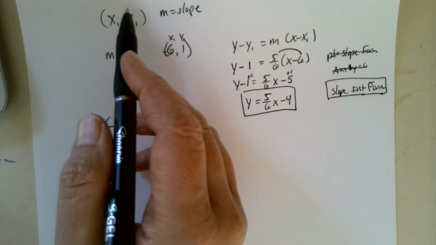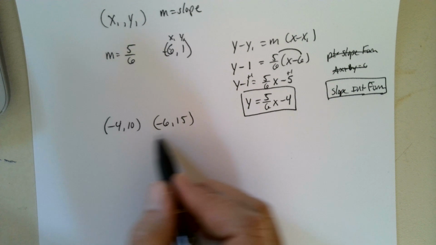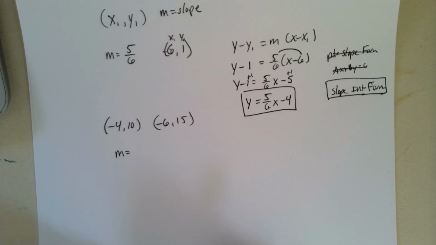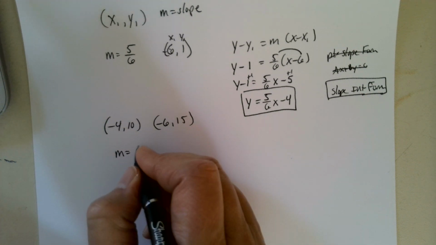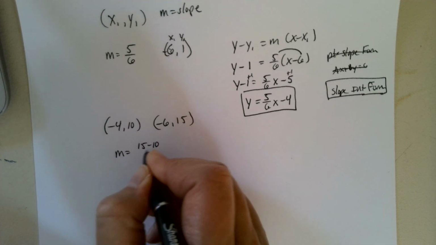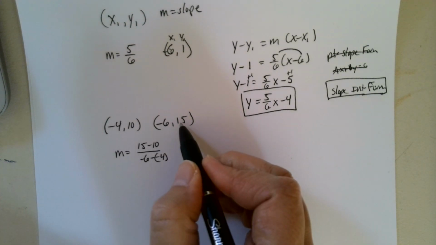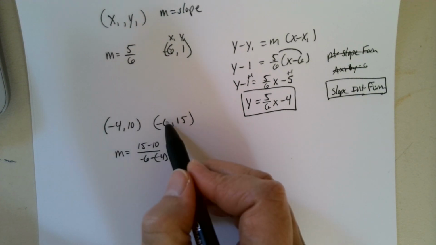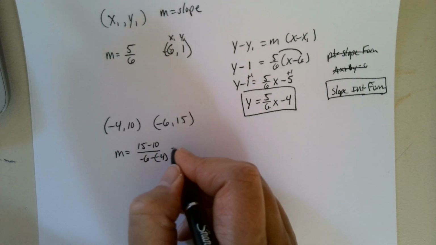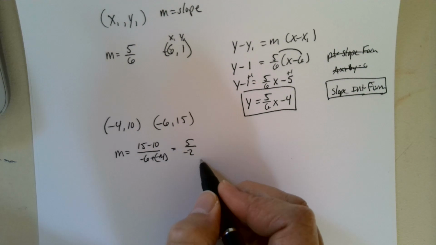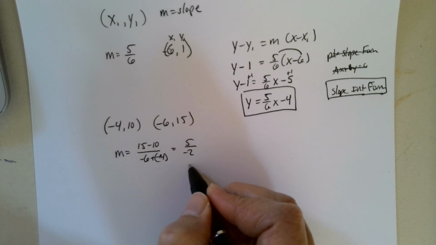We want to use point-slope, but we don't know the slope. So we have to go back, as we reviewed yesterday, and find the slope first. I'm going to say 15 minus 10 over negative 6 minus negative 4. I did the y2 minus y1 over the x2 minus x1. So we would have 5 over negative 2, so our slope is negative 5/2.